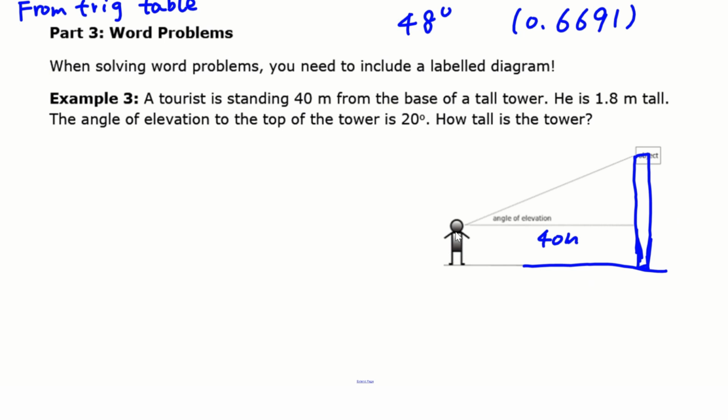Then he is 1.8 meters tall. So we just ignore the difference from the eye level to the ground and the height to the ground. So this is 1.8. The angle of elevation is from horizontal look up. This is 20 degrees. Then it asks you how tall is this tower.